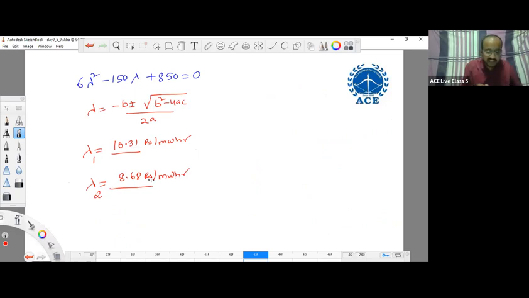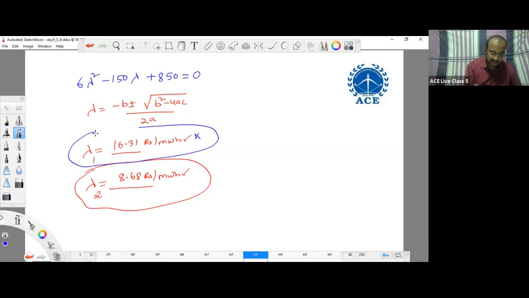Solve this. So which lambda is to be selected here? Our cost should be minimum, so the optimal value is 8.68. You should not consider the other value; lambda 1 is to be neglected, because a higher rupees per megawatt hour value will give more cost.